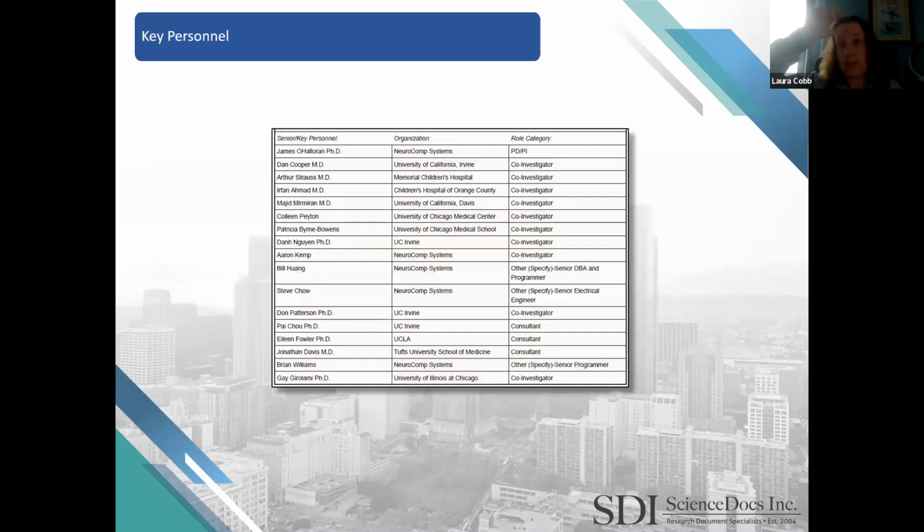Finally, just the one last thing I want to highlight for you is key personnel in the SBIR. And we've touched on this several times, but having a strong team around you is central to the success of an SBIR program. So having more people as key personnel, even if you're not requesting salary support for them, it can be very useful because it allows you to include their bio sketches.